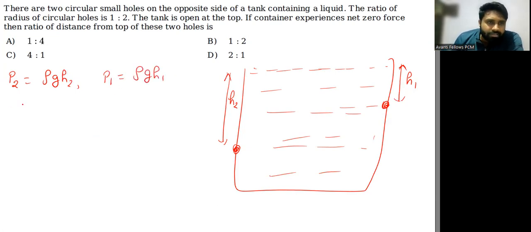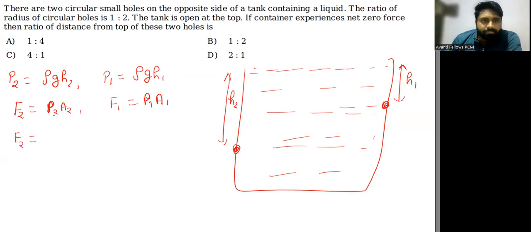Now we know that force, F2 is nothing but P2 into A2, and F1 is nothing but P1 into A1. Now for F2 we put the value of P2, rho g h2, times A2.